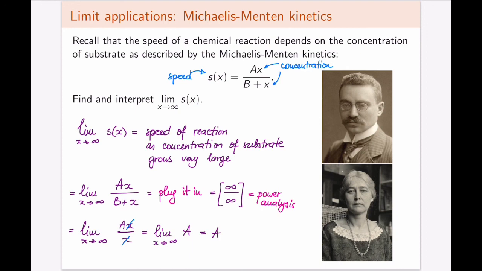So overall, what that means is that the speed of the reaction as concentration of substrate grows very large approaches some constant a, which again, if you recall the graph of the linear Hill function, you will remember that the horizontal asymptote corresponded to the end behavior, and a here signifies that the speed of the reaction as the concentration grows infinitely large approaches that particular constant. Okay? It all comes around back full circle.